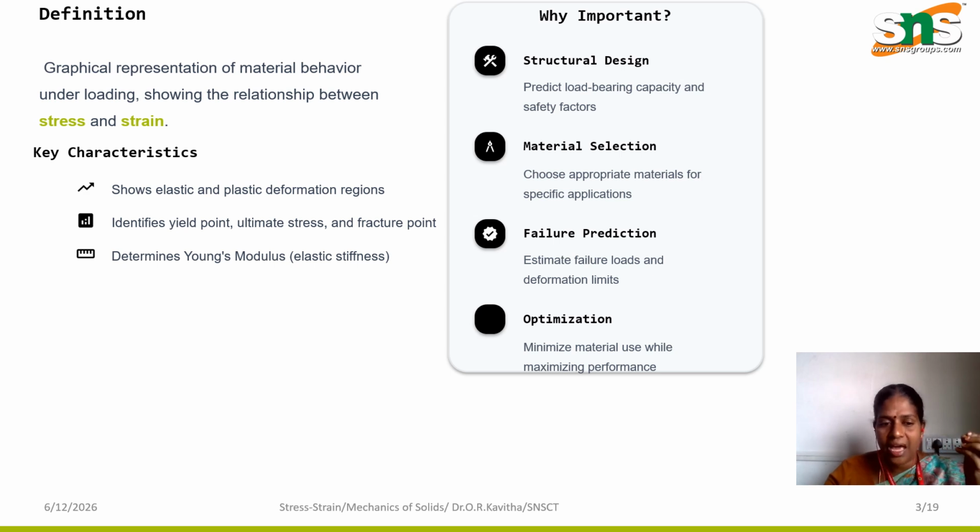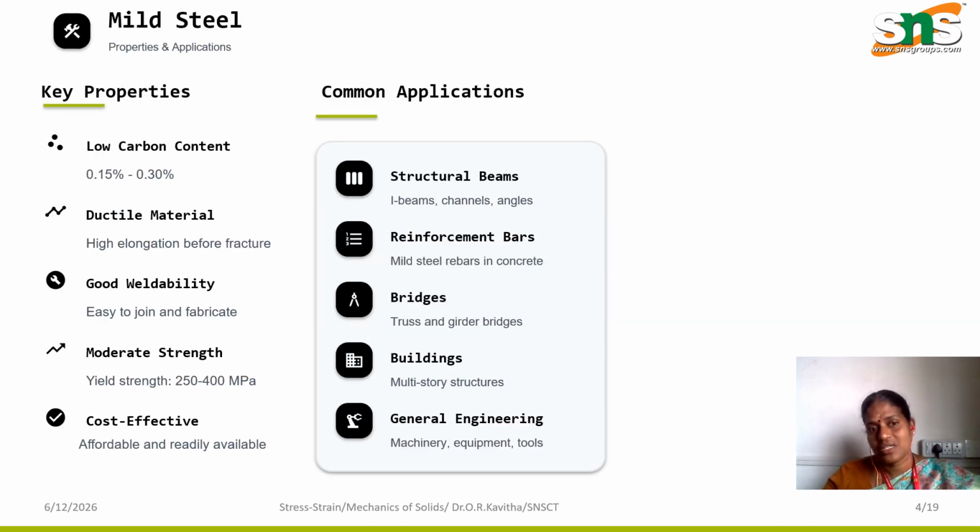Next, we have to understand the properties, then only can we select the appropriate material for specific applications. We also have to predict failures by estimating the loads and deformation limits, and we have to minimize the use of material and increase the performance of that material. This is the reason for studying stress and strain.